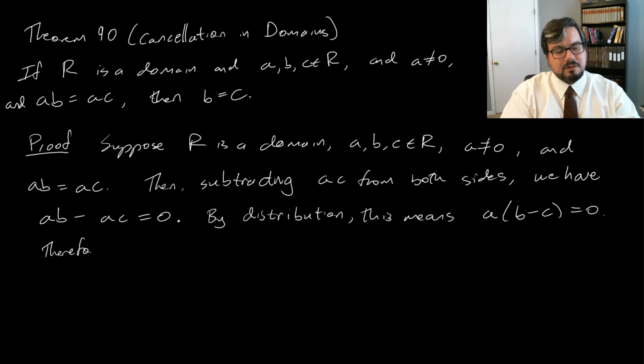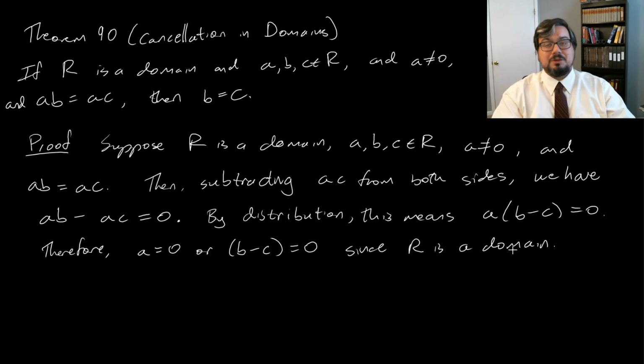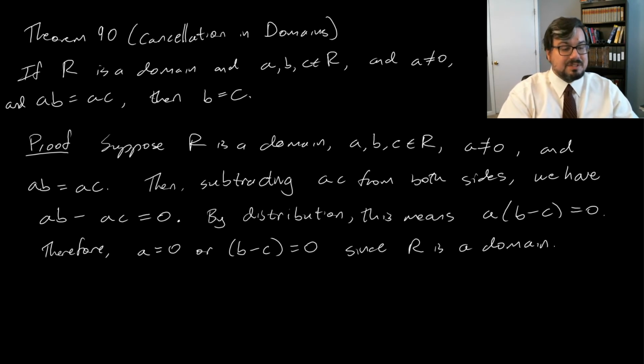Therefore, a equals 0 or b minus c equals 0 since R is a domain. Being a domain means that if two elements of your ring multiply together to equal 0, then one of them had to be 0 to begin with. So if a times (b minus c) equals 0, then a equals 0 or b minus c equals 0. But one of our hypotheses was that a is not equal to 0.